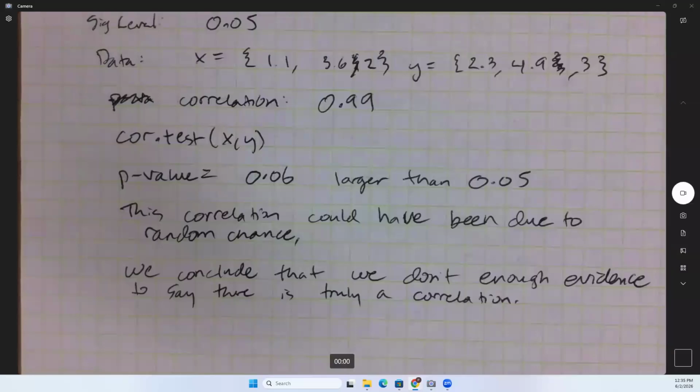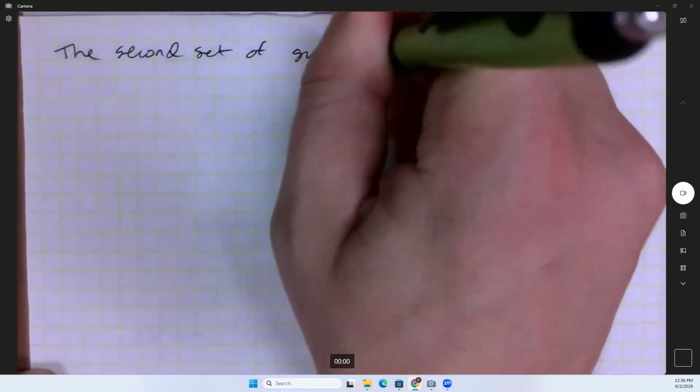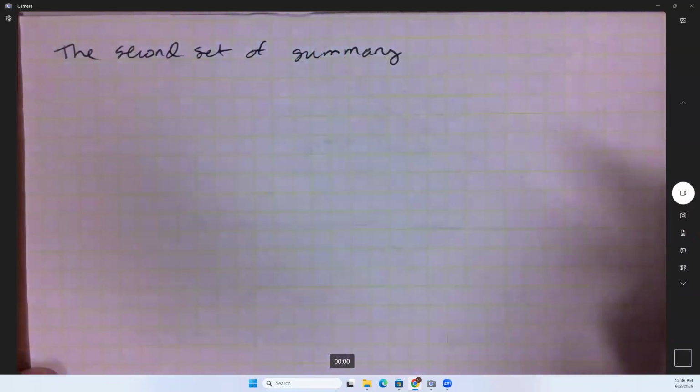All right. So it's time to talk about the second set of summary statistics when we are comparing or exploring the relationship between two quantitative variables. And this is what brings us finally to simple linear regression.